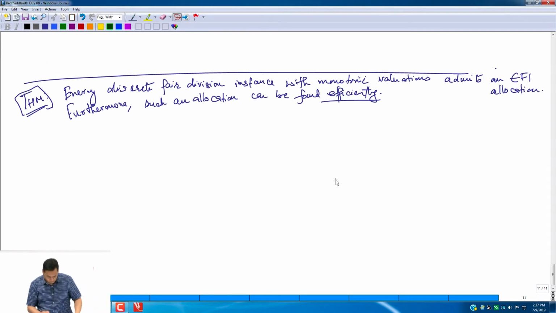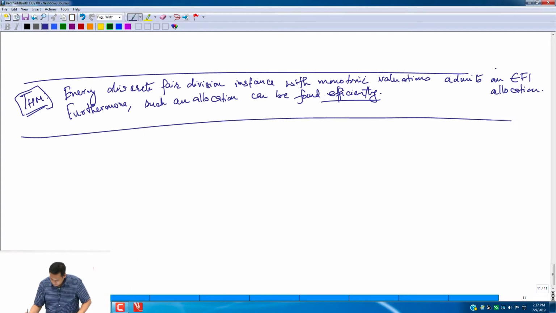Okay, so this is the theorem I want to prove, in particular by analyzing the algorithm. Essentially what I want to say is that the algorithm will always succeed, and hence not only find an allocation but in tandem prove the existence of EF1 allocations.